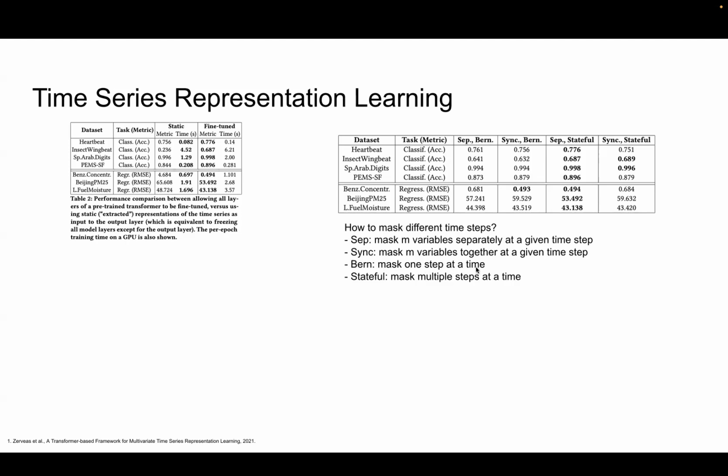Masking one time step at once corresponds to the issue that I mentioned earlier, that if you just want to predict time step t, maybe you can just take the average of time step t minus 1 and time step t plus 1. So the model is less likely to learn those high-level representations.